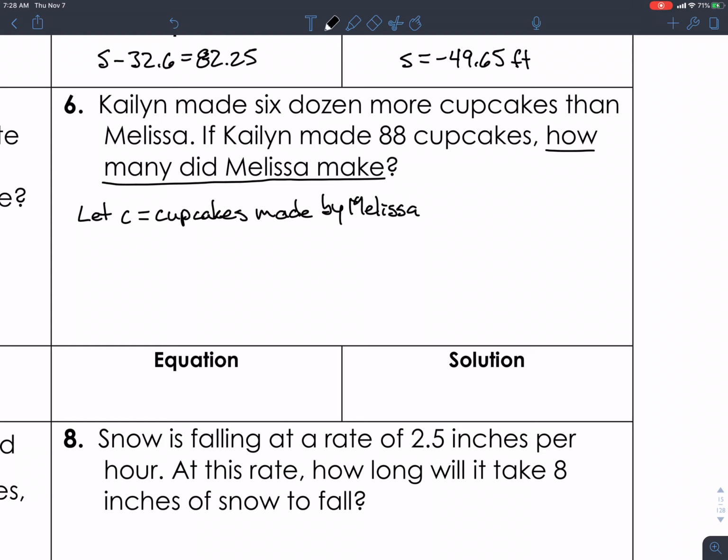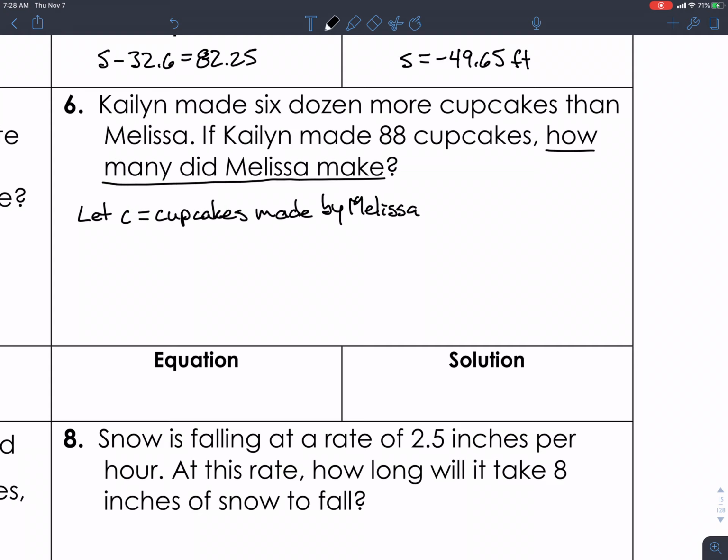Kaylin made 6 dozen more cupcakes than Melissa, and Kaylin made 88 cupcakes. Well, that's going to be tricky because we're going to need to know exactly how many is 6 dozen.